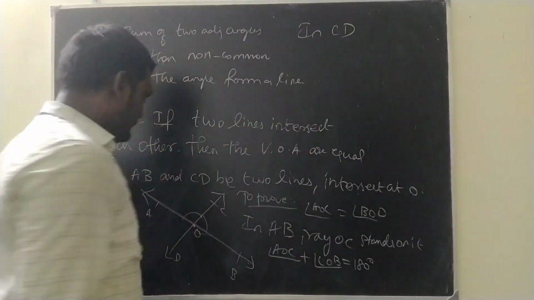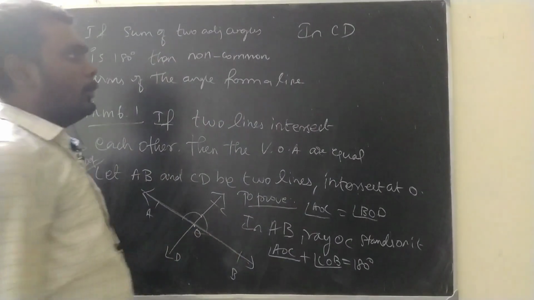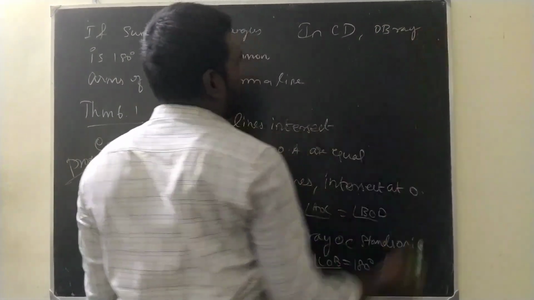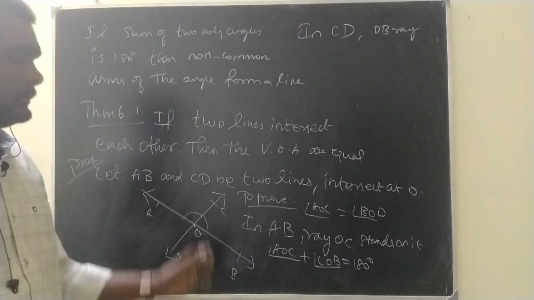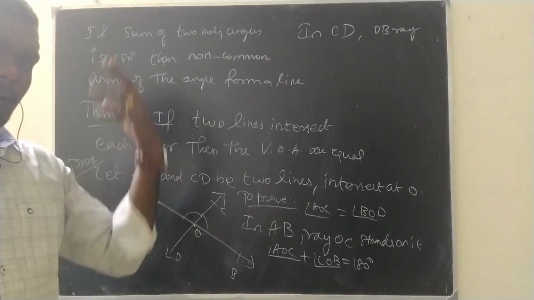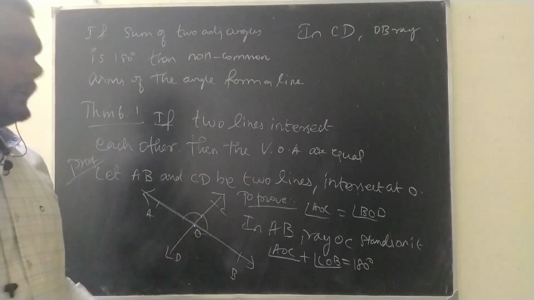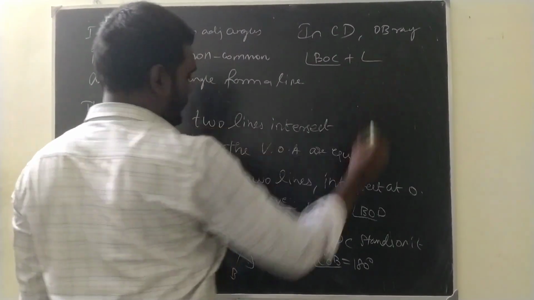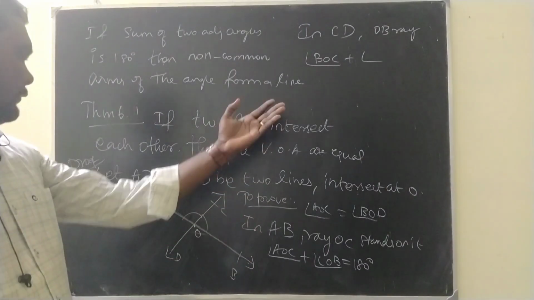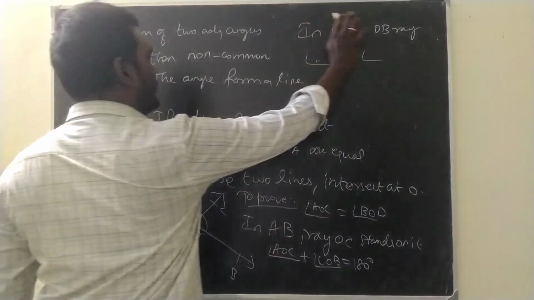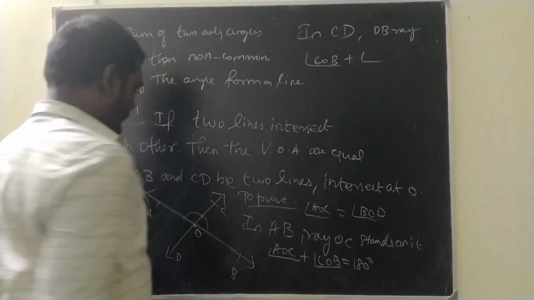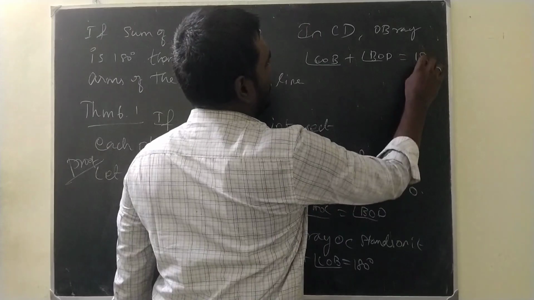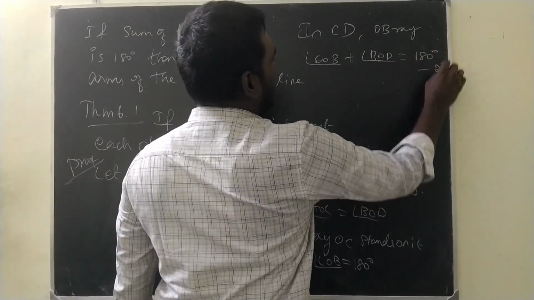Okay, so this is a straight line. In the line CD, the ray OB stands on it. As per axiom 6.1, we can say angle COB and BOD equals 180 degrees. This is equation 2.